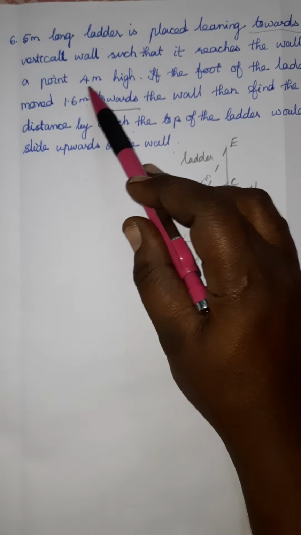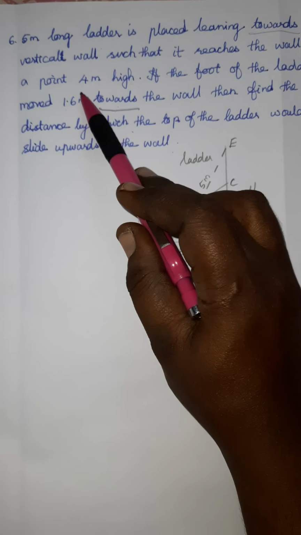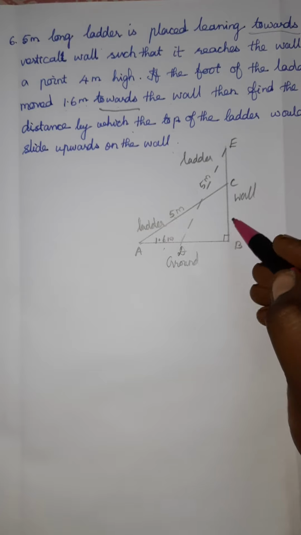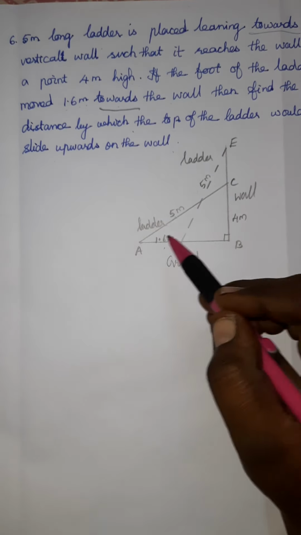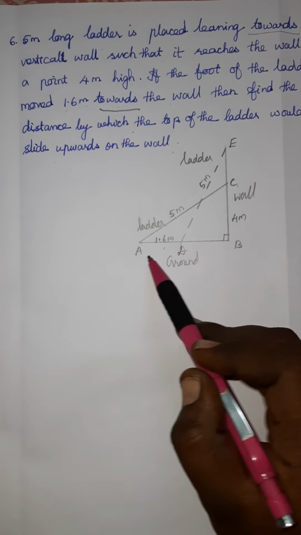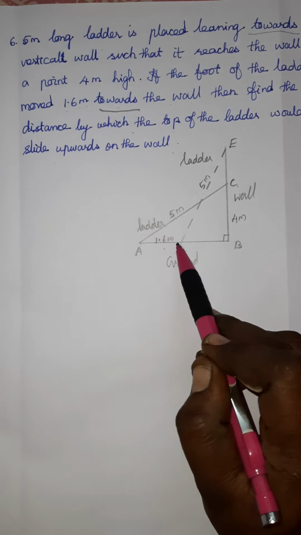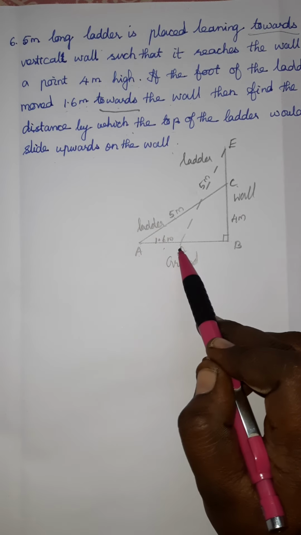First given, the ladder leans to the wall at height 4 meter. So BC length is 4 meter. Now AC length 5 meter, BC length 4 meter. Also, the ladder is moving towards the wall 1.6 meter. So we will get AD.